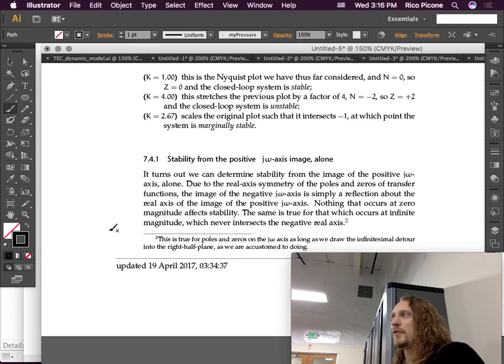The reason they do that is it is irrelevant for the stability of your system, and people are looking at those for stability. And it's hard to represent what happens at infinity and at 0, so they just ignore that stuff.